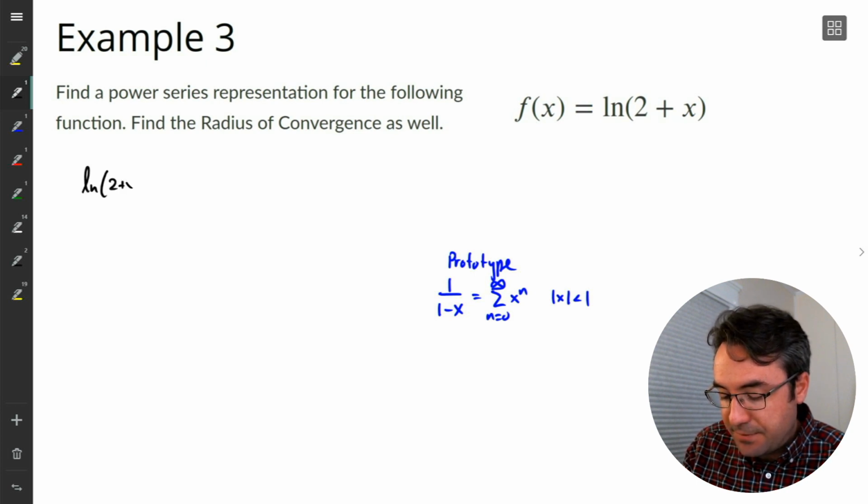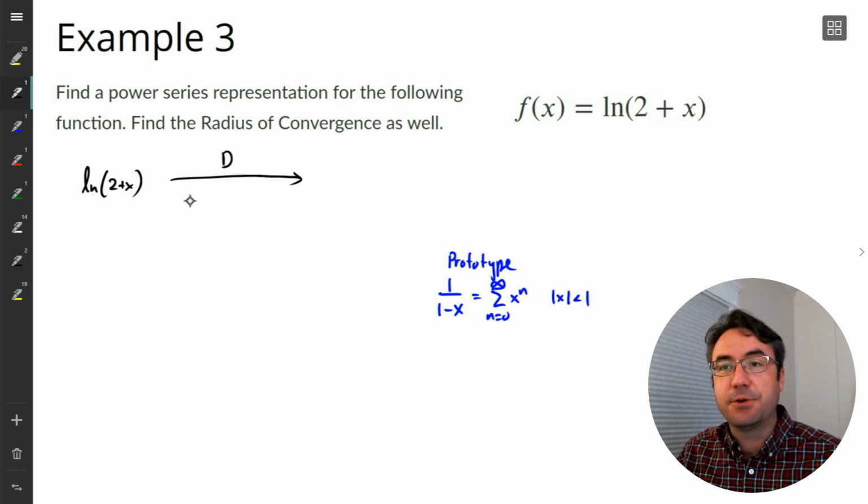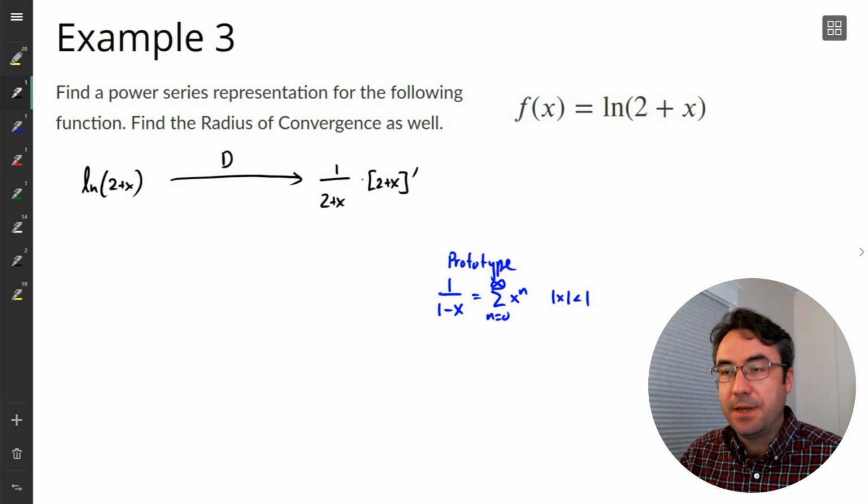But it turns out differentiation works well here. If we were to differentiate this function, natural log of 2 plus x, what would be the derivative? Well, it'd be 1 over 2 plus x times the derivative of 2 plus x. And the derivative of 2 plus x is just 1.